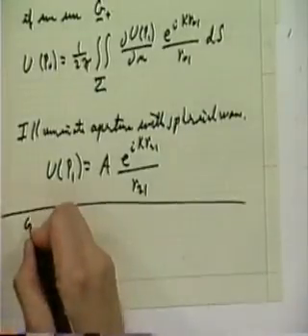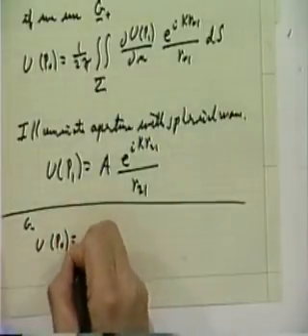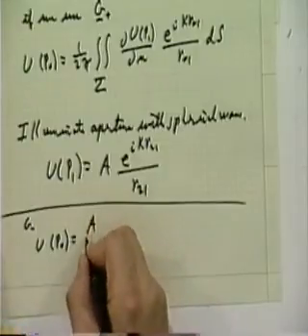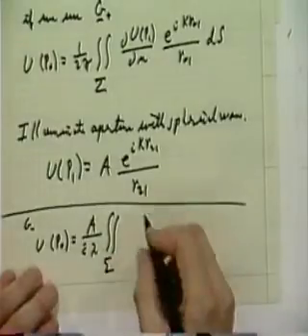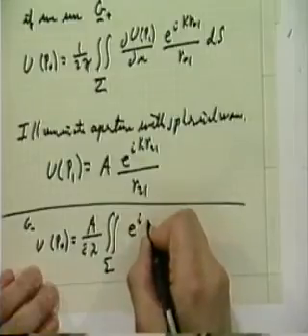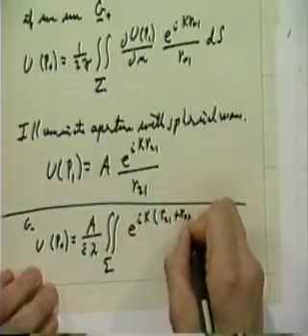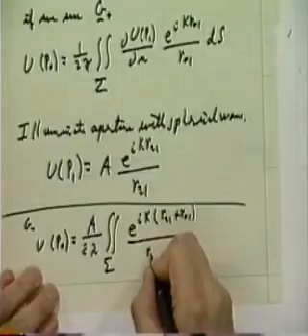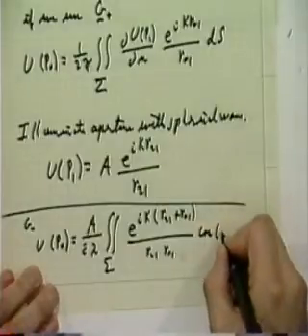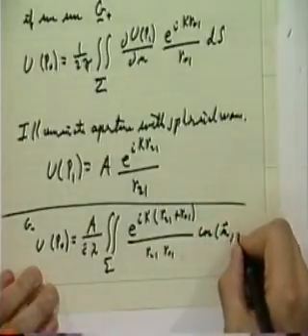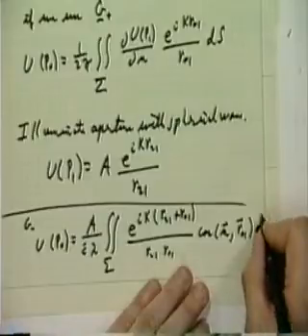And for the G minus Green's function, we will have that U of P naught is equal to A over i lambda, integral over the open portion of the aperture of e to the ik(R21 plus R01) divided by R21 R01, and we'll get the cosine here, cosine between n and R01 ds.